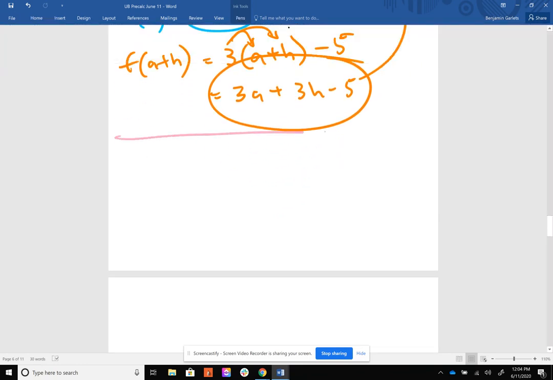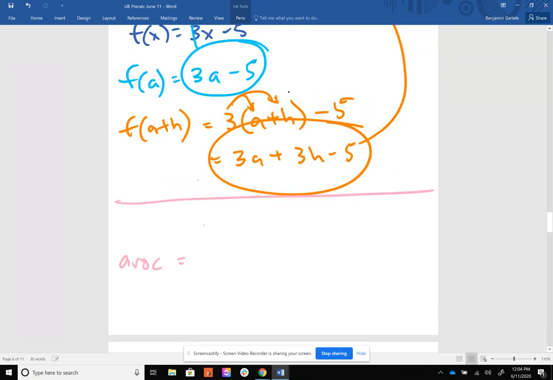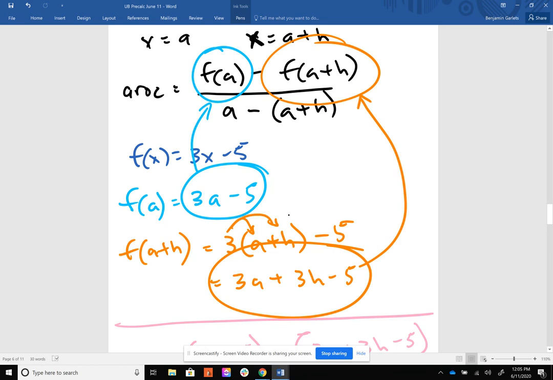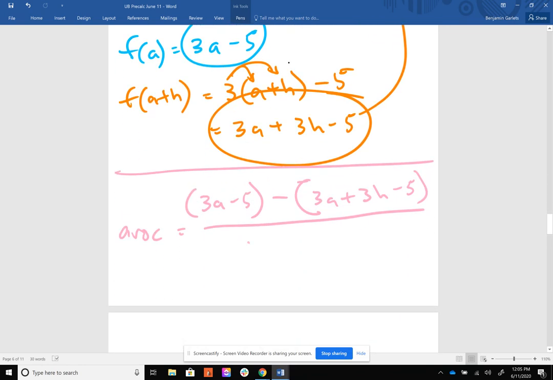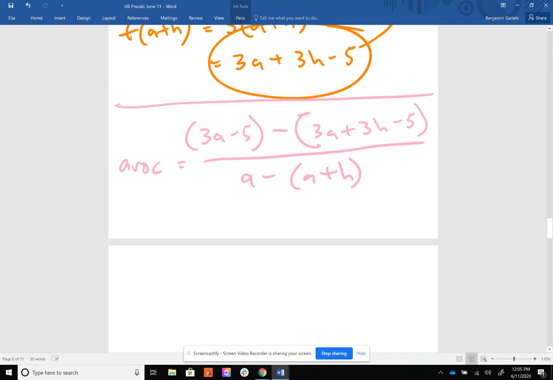So I'm going to get my average rate of change is equal to, on top, 3a minus 5 minus the quantity 3a plus 3h minus 5, all over a minus the quantity a plus h. All right, we have to distribute in the numerator, and then we have to distribute in the denominator here.